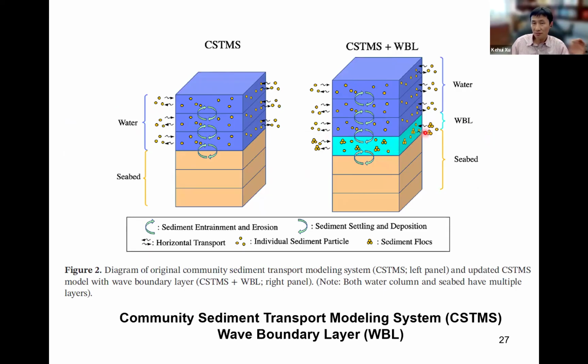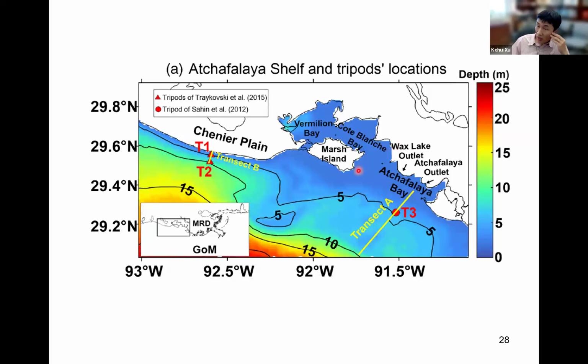Again, as I mentioned, this is a very thin layer, normally just a few centimeters thick. Dr. Zhang modeled this area from Atchafalaya Bay to the offshore area next to Cheniere Plain. There are two transects. Transect A is located over here.